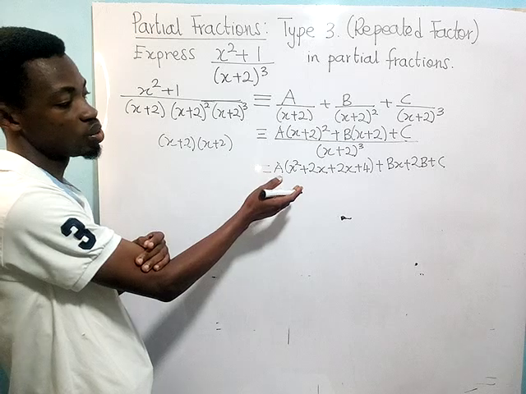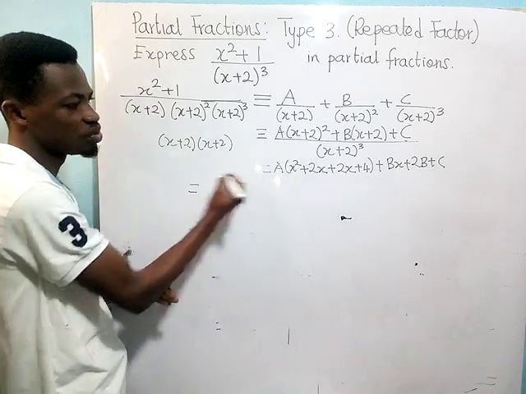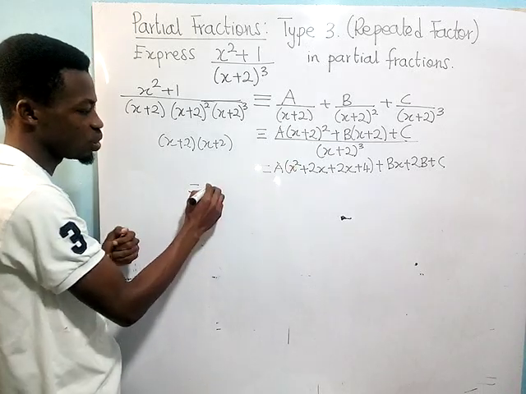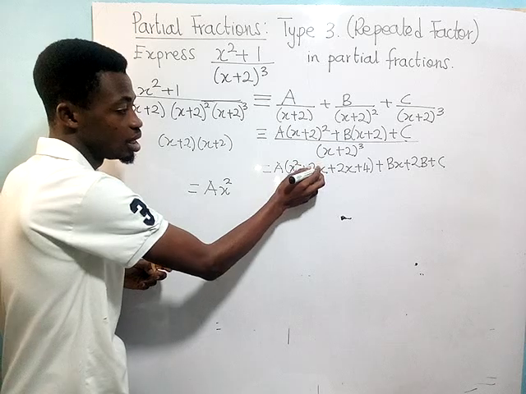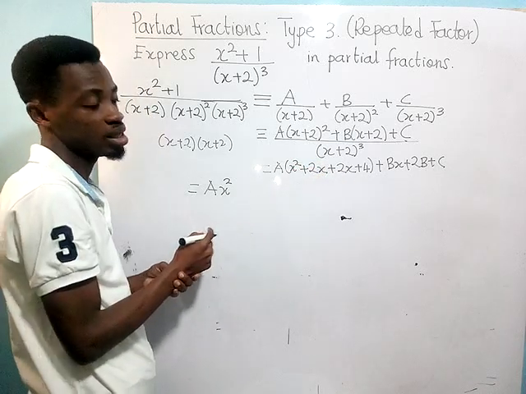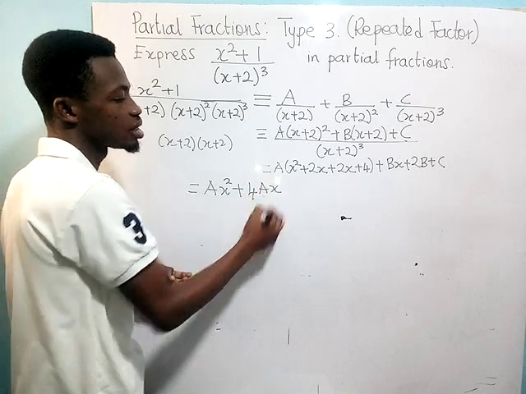So this is what we are going to deal with. When this is expanded: A times x squared will give us Ax squared. 2x plus 2x is 4x, so times A will give us 4Ax.